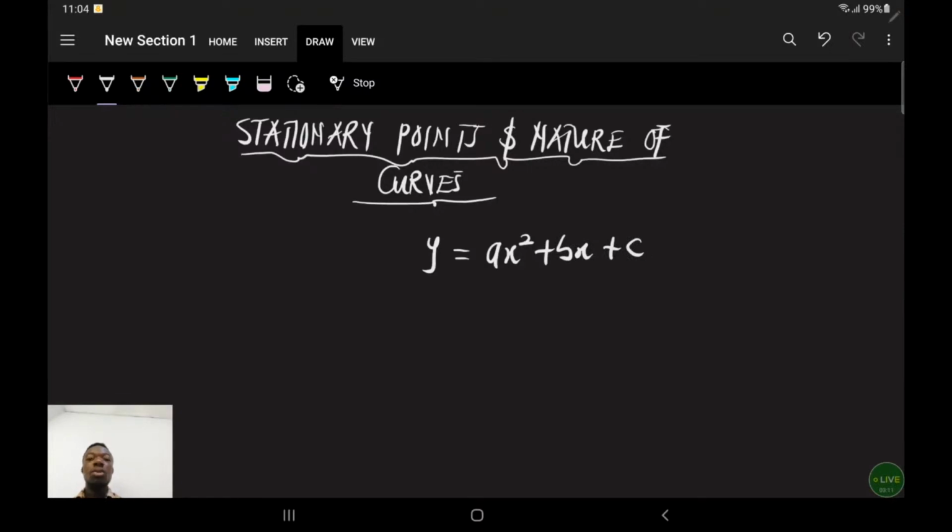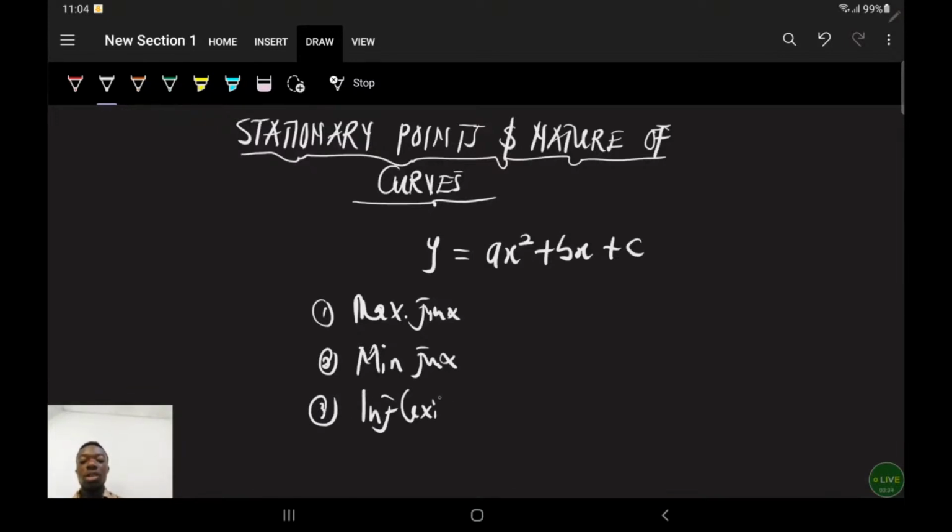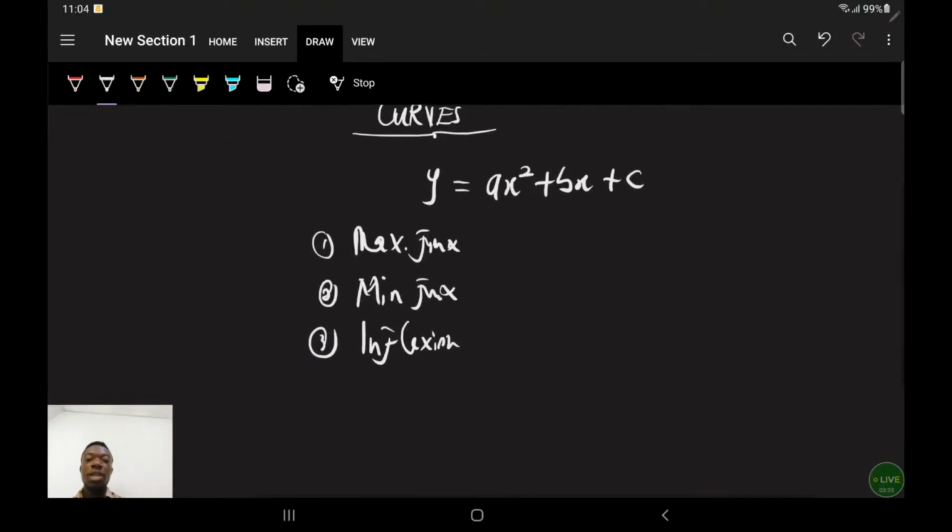The curve we're going to discuss in today's section centers on three things: a maximum curve or maximum function, a minimum curve or minimum function, and an inflection function or curve. I hope that is clear.